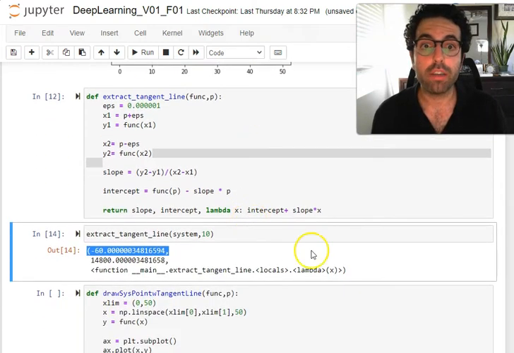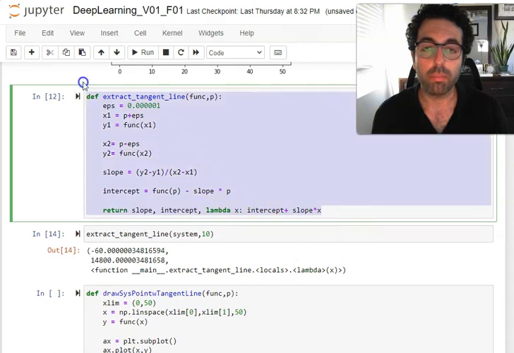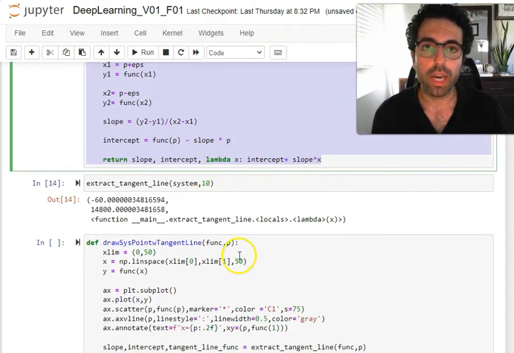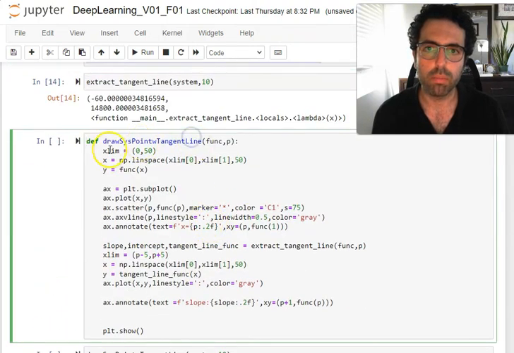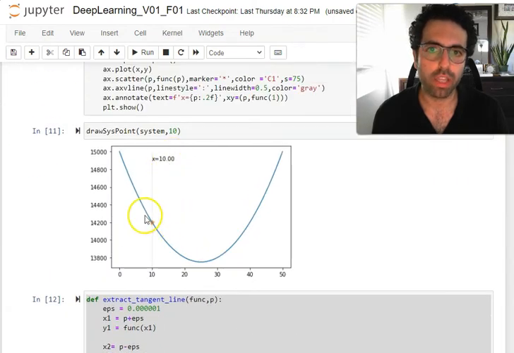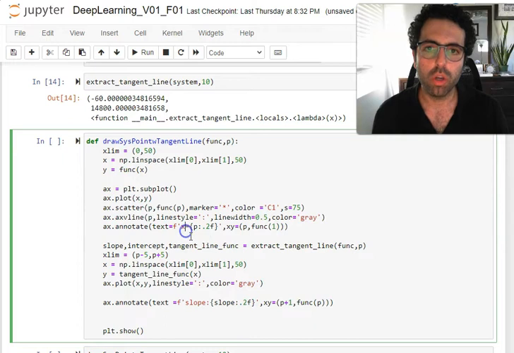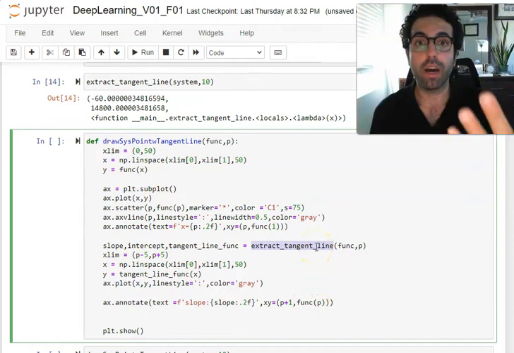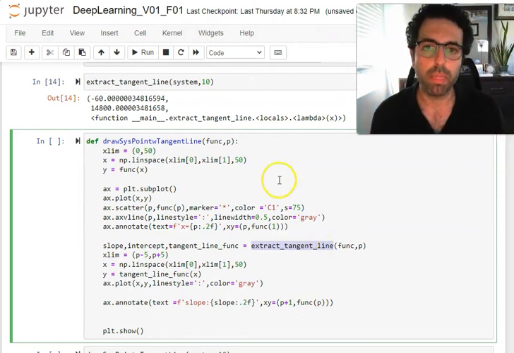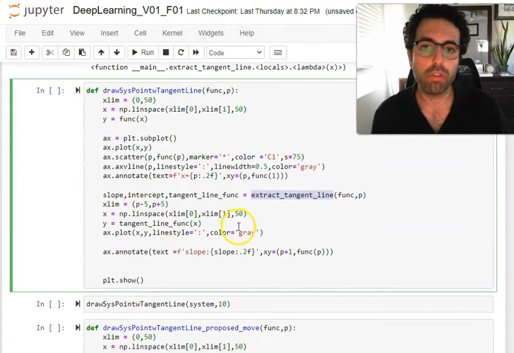So now that we are extracting this using this simple calculation, we can draw that line here as well, right? So this is another function, draw system point with tangent line. We are also adding the tangent line here, and what we do here is that at some point we call our function extract tangent line, which is basically a function. It gives us a function that, based on x, gives us the value of that line, right? And we add that to our visualization, right?